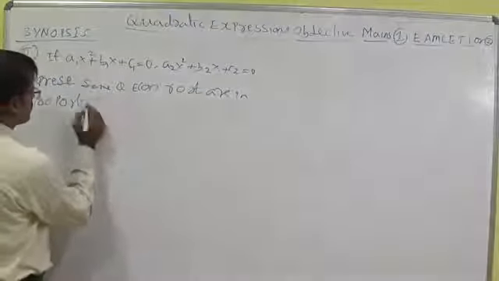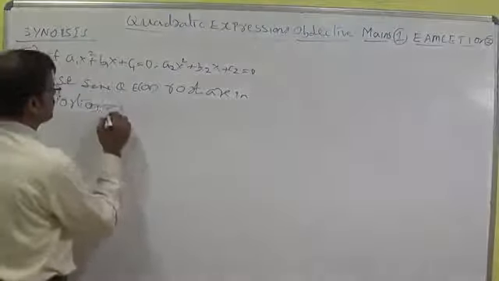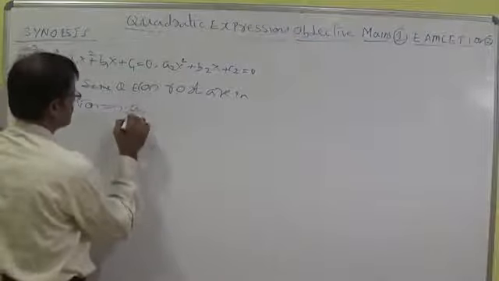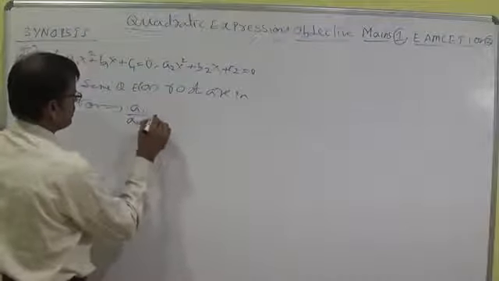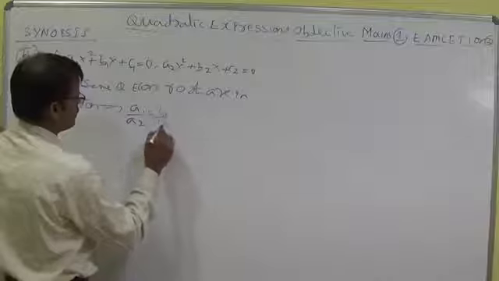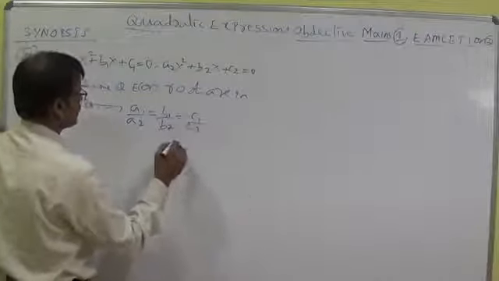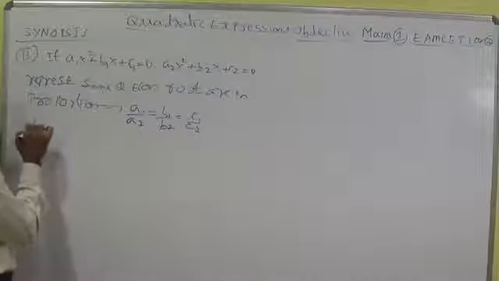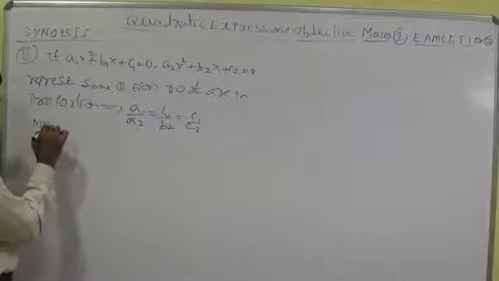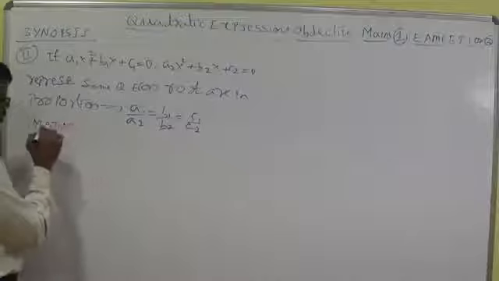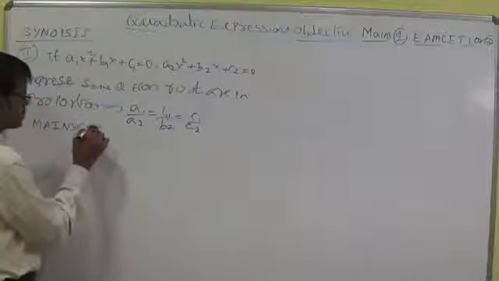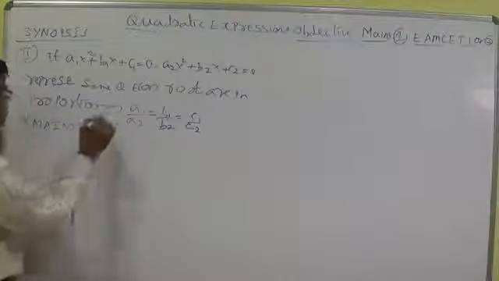Then that implies a1 by a2 is equal to b1 by b2 is equal to c1 by c2. It depends upon this concept. A direct bit was given in Mains 2015.